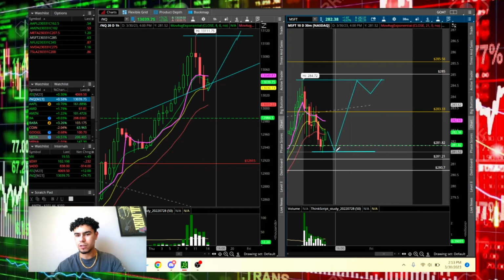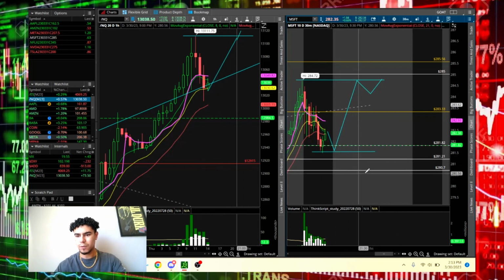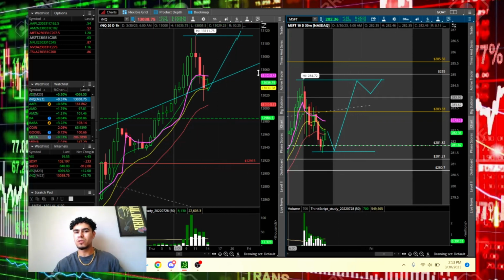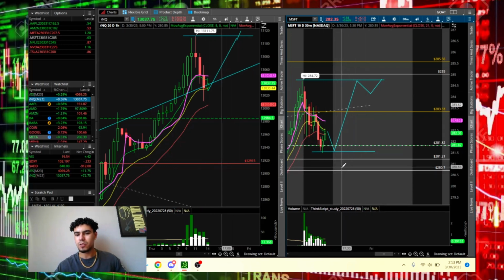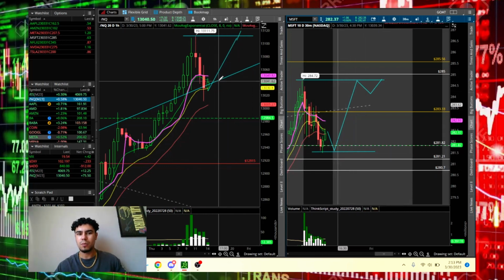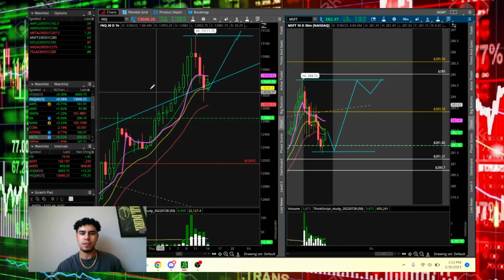So like, let's say you want to trade this breakdown into here with this profit target, you might not get all the way over here in one clean move, just because futures are pushing up, your stock is pushing down, but it's being held up by futures. This is like the overall market. It's like Microsoft is in the NASDAQ.